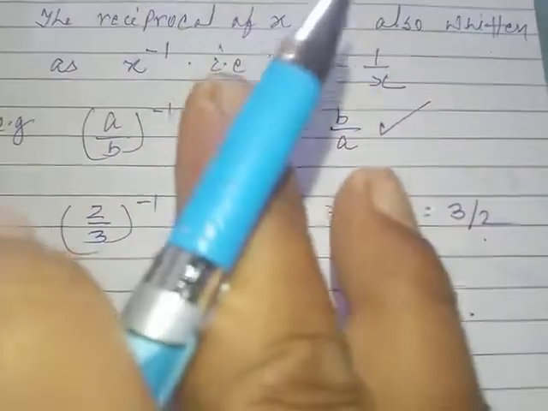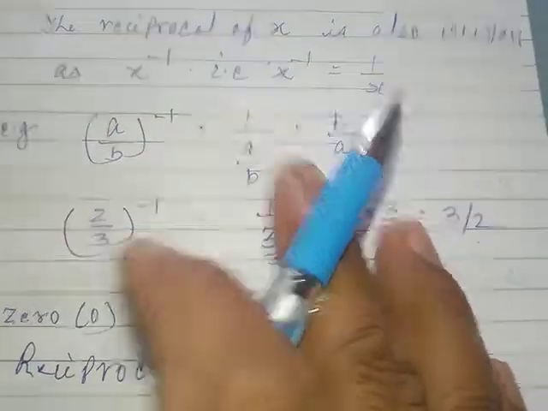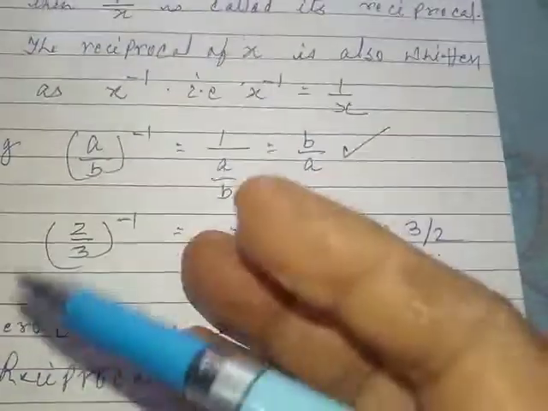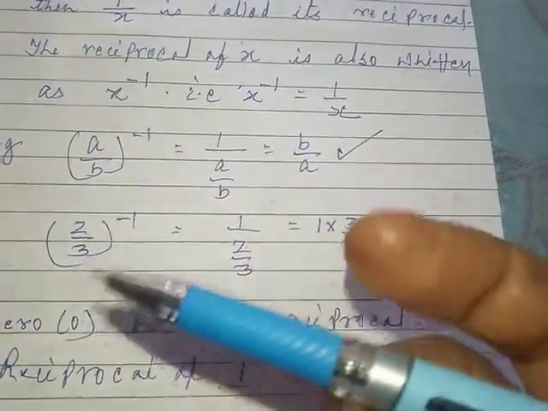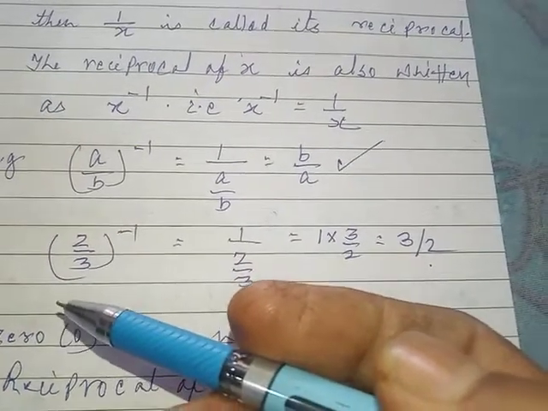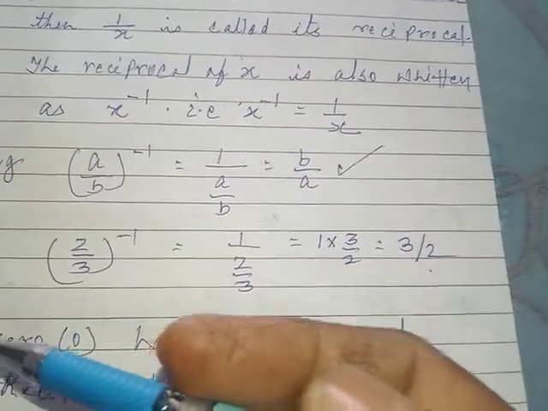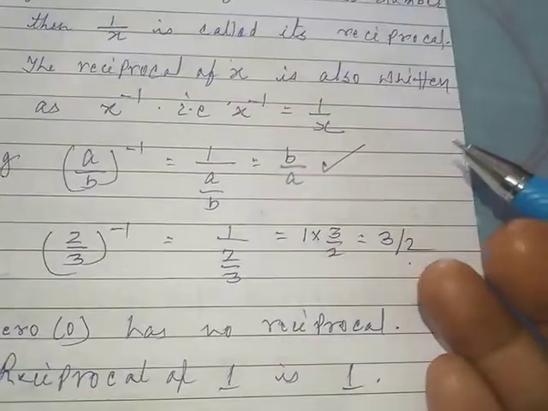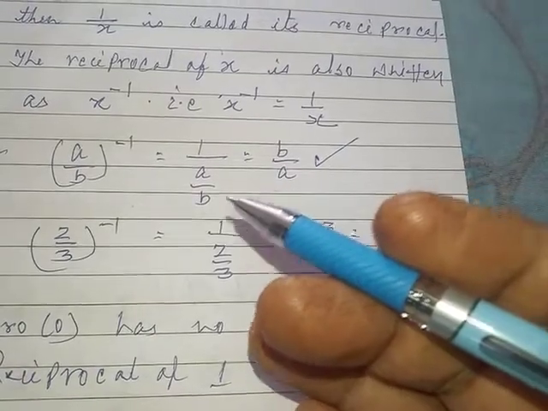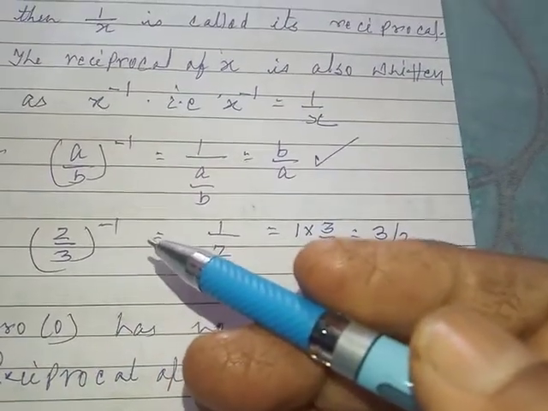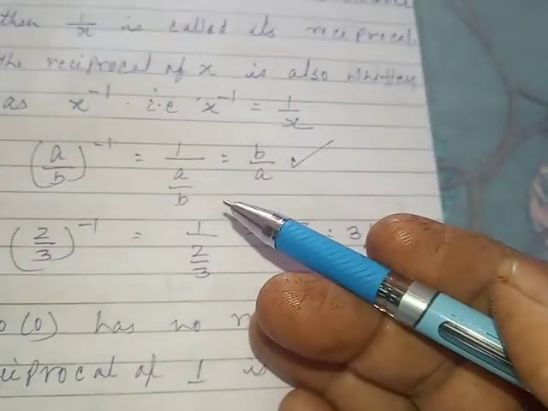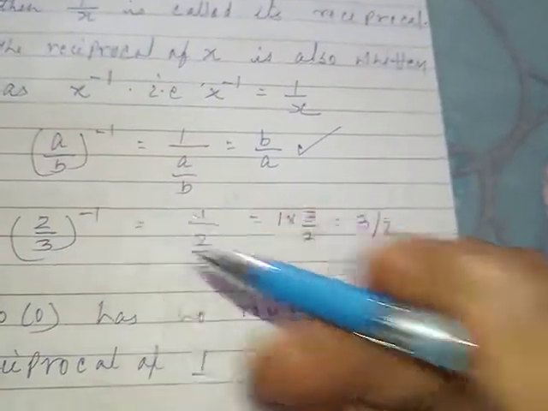So if any fractional number is there and you want its reciprocal, the denominator of the previous fraction will become the numerator, and the numerator of the previous fraction will become the denominator.